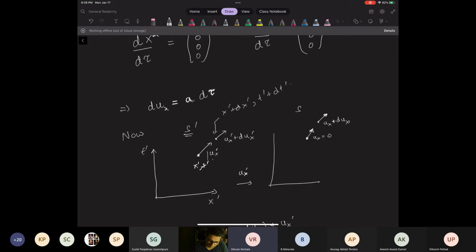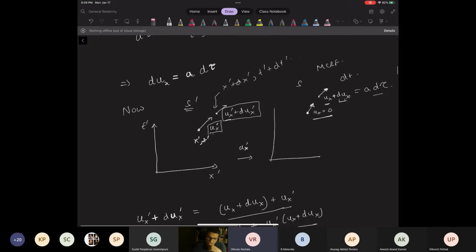The speed was ux prime in frame S prime, so the speed should now become some ux prime plus dux prime. In frame S, which is the MCRF, the speed ux is 0, that is, instantaneously it's at rest, and then a time dt later the particle has picked up a speed ux plus dux. Again, ux is 0, so it just picks up the speed dux, and dux is just a times d tau, as we discussed earlier.